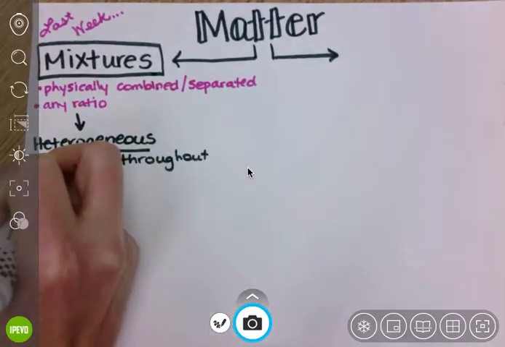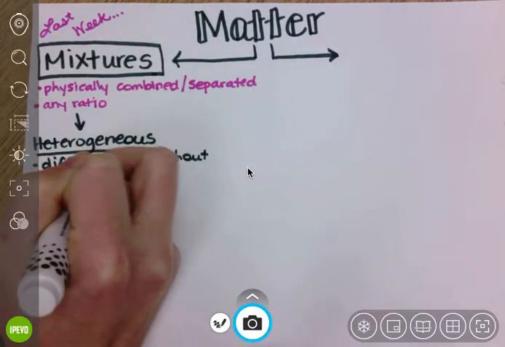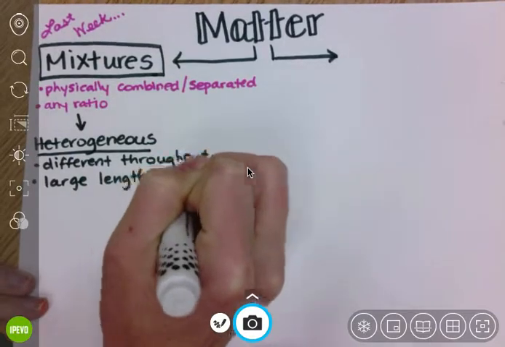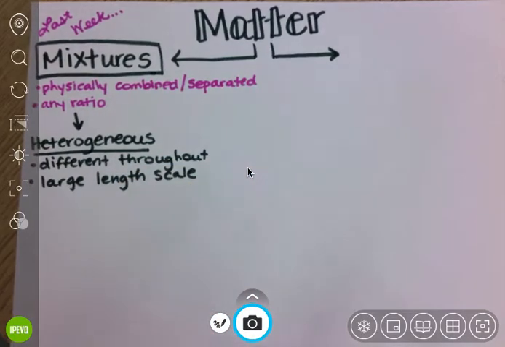And that was because they had a large length scale. So heterogeneous mixtures were the ones that could be filtered, or they could use decanting. We could use simpler physical techniques to separate out those mixtures.